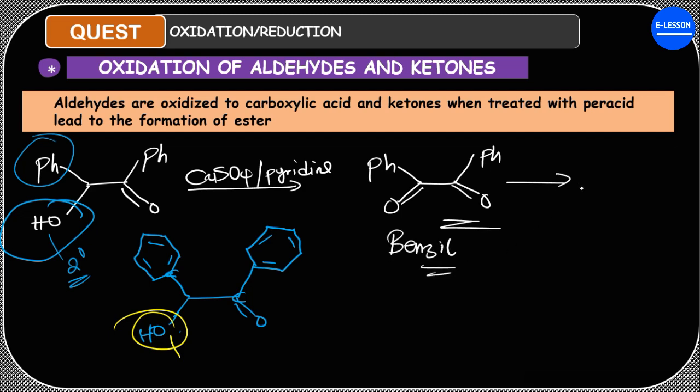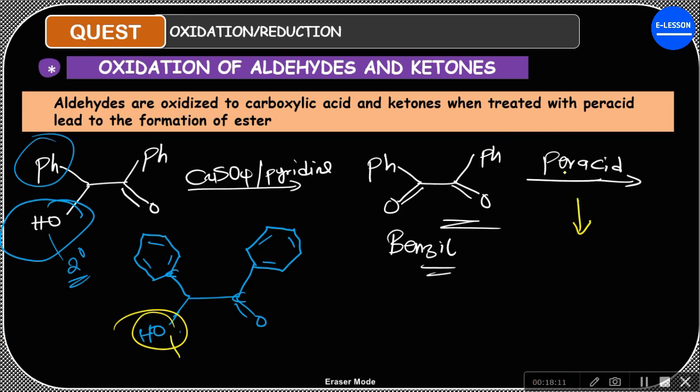Now, when this benzil reacts with a peracid, it could be peracetic acid or any of the peracids, it is going to give us a product. Now, what product would that be? When this benzil is treated with peracid, we said that whenever a carbonyl compound like this is treated with peracid, what the peracid does is just to bring in oxygen.